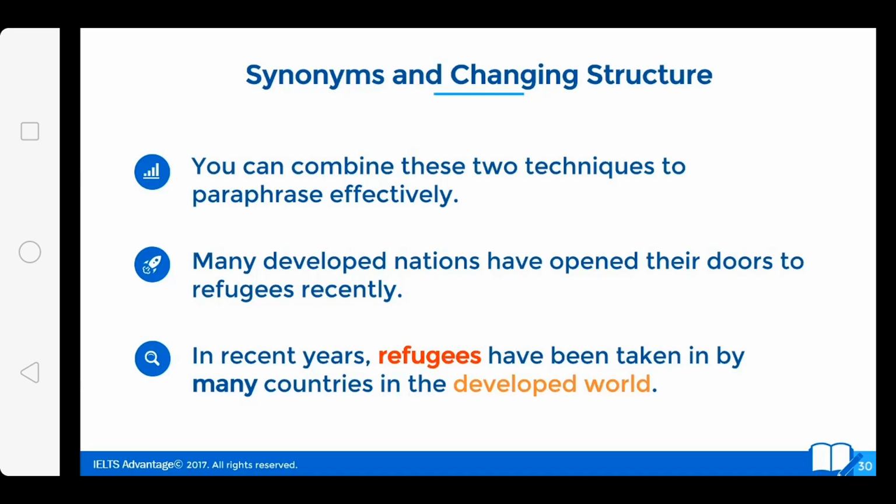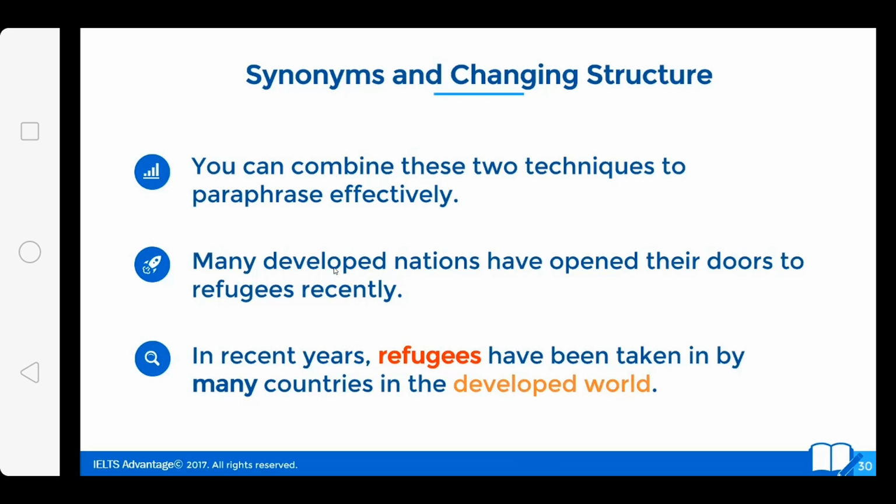So what she did here, she made a mistake here, and I said to her again, why did you make this mistake? And she said, well, again, I don't want to repeat the word developed. And I said, well, you're not actually repeating it. If you changed it to developed world, you're changing developed nations. So if you think of developed nations as a collocation, as a unit of language, you've changed that collocation to a different collocation, 2 words that work together.